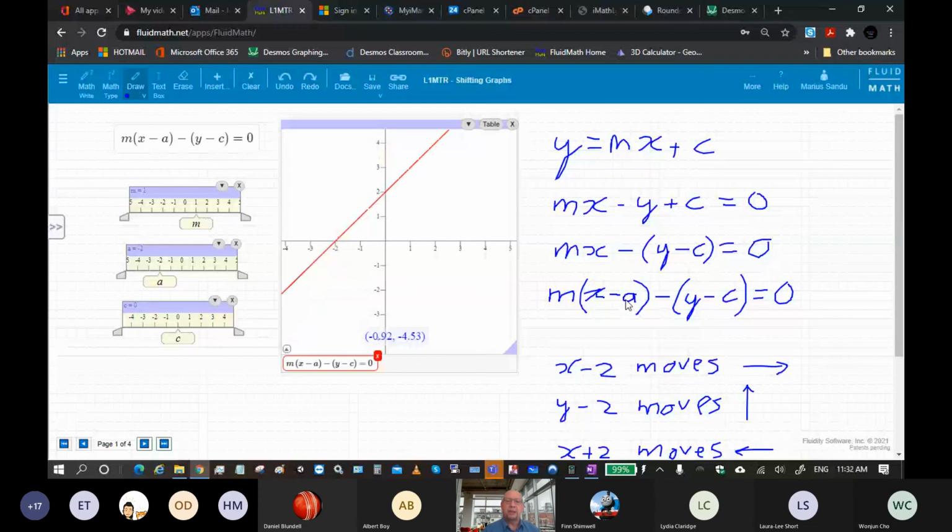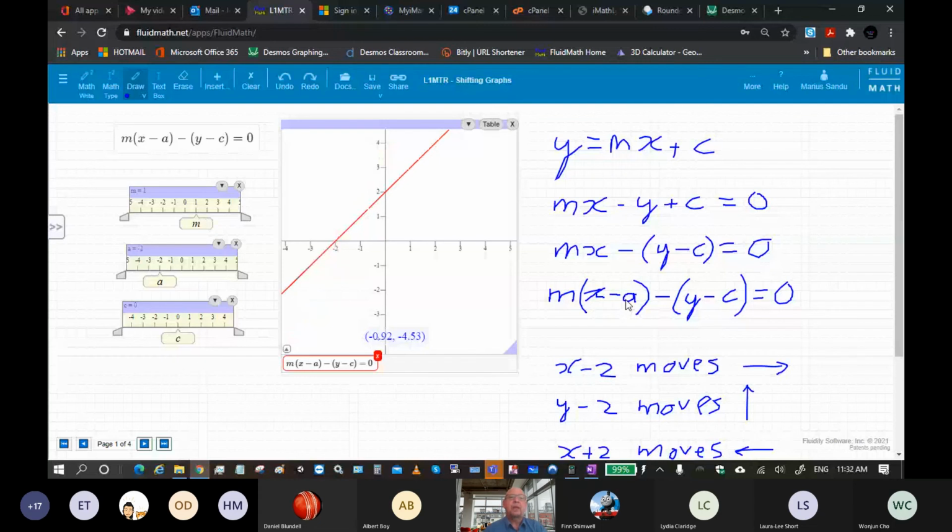So if I subtract something from x, I move it to the right. If I subtract something from y, I move it up. Okay? Now let's see what happens to the parabola. Let's save this so we don't lose it.